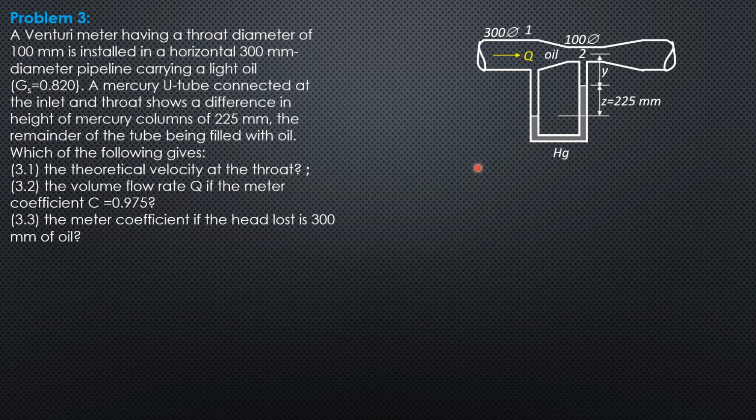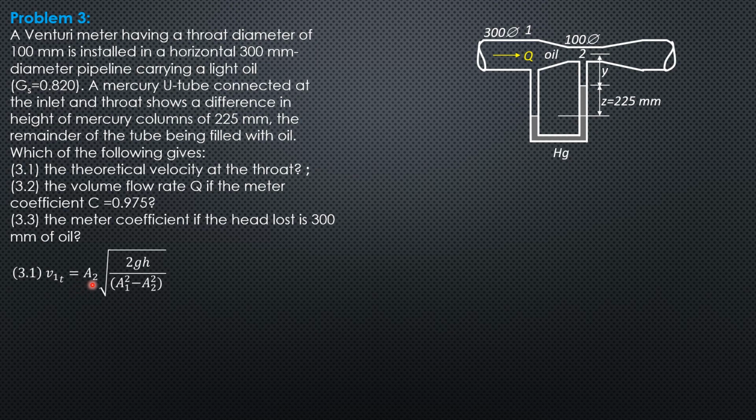So there, I derived a formula for the theoretical velocity at the inlet, and it was equal to area 2 square root of 2gh over area 1 squared minus area 2 squared. So if it is the theoretical velocity at the throat, then we just replace area 1 by area 1.